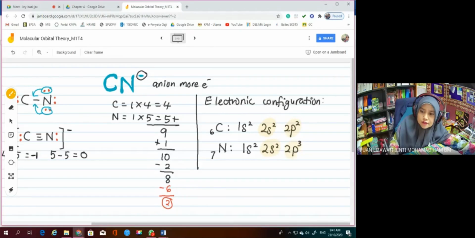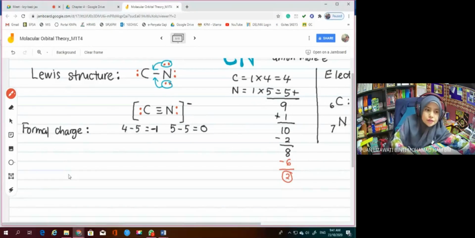However, you already calculate just now, okay, for the carbon is not neutral. So now kita kira negatif 1 kan. So therefore, you all kena tambah lah. Okay, add 1 electron. Since it is C minus kan. C minus. So dah habis tu kita akan lukis orbital diagram.